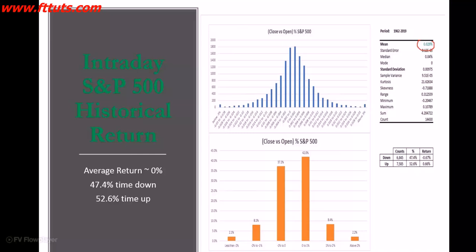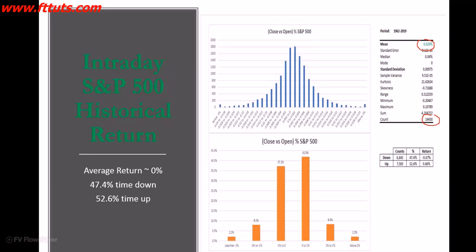So what about the intraday S&P 500 historical return? As you can see at the top right hand, the mean is roughly around 0%. And this calculation has been done on roughly 14,000 observations.